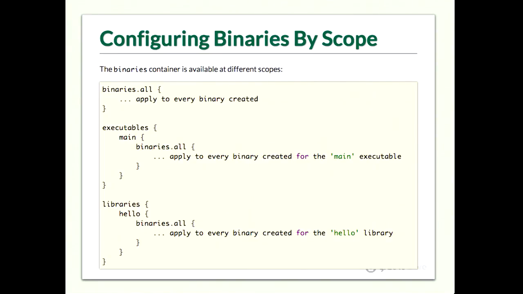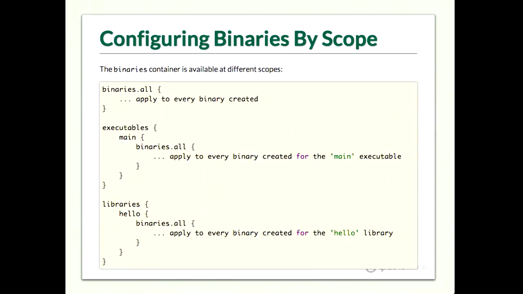You also have methods for filtering specific binaries based on certain rules. So the question is, do we have any methods? This is a regular domain object collection, so it has the .matching method on it. You can use that to look at all the binaries and filter out certain ones and only apply to those.